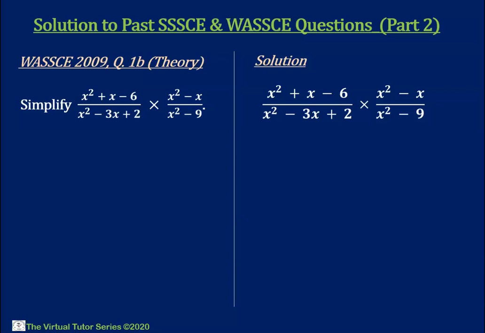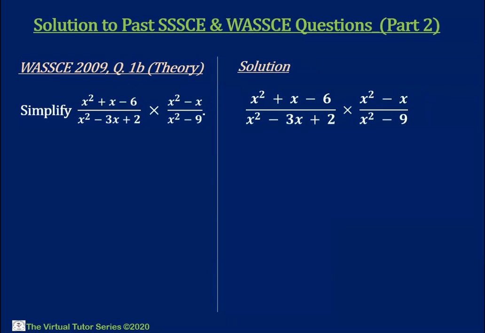Let's factorize the expressions separately. First, the expression x squared plus x minus 6 is a quadratic trinomial with the coefficient of x squared being 1. The coefficient of x is also 1, and the constant term is -6.